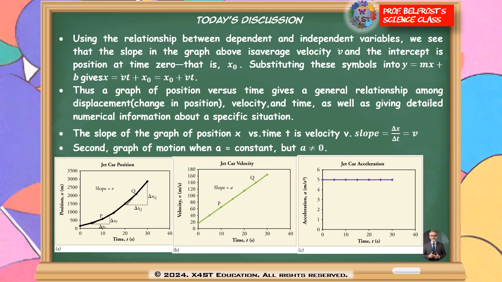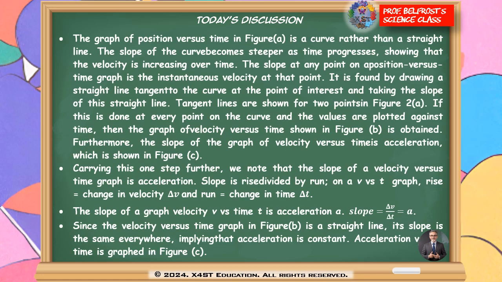Second is the graph of motion when a is constant but a is not zero. You can see that the position relative to time doesn't grow linearly, but grows quadratically, and that's what we expect because from the derivation we know that it has a relationship that is not like x equals vt.